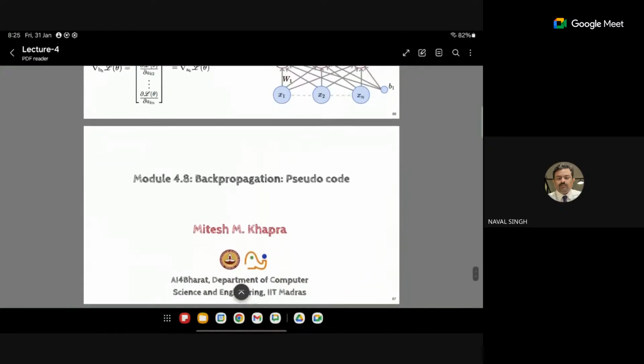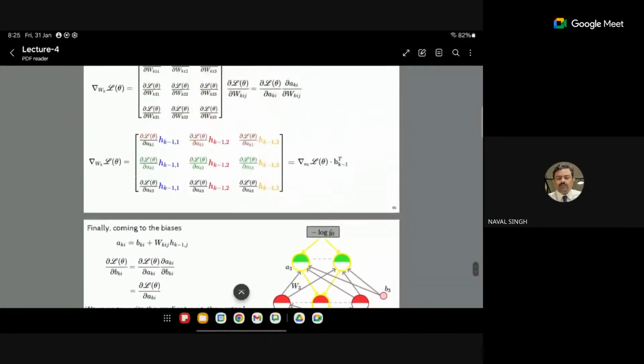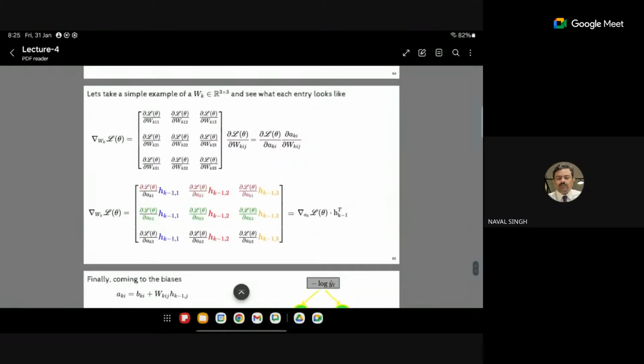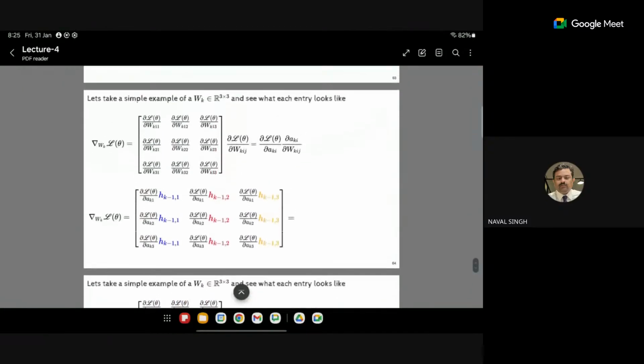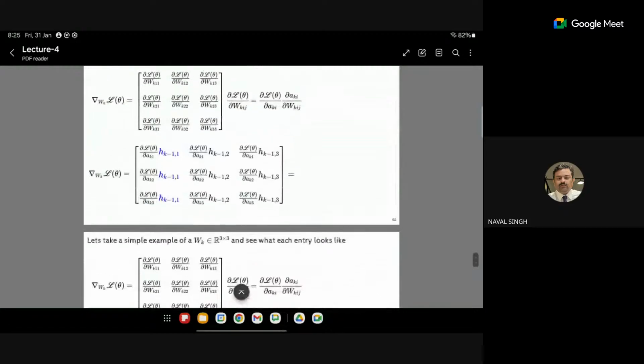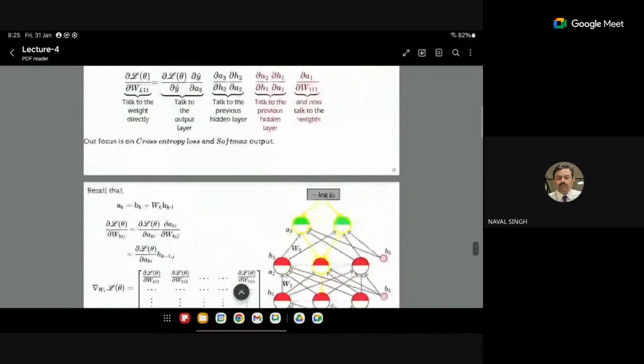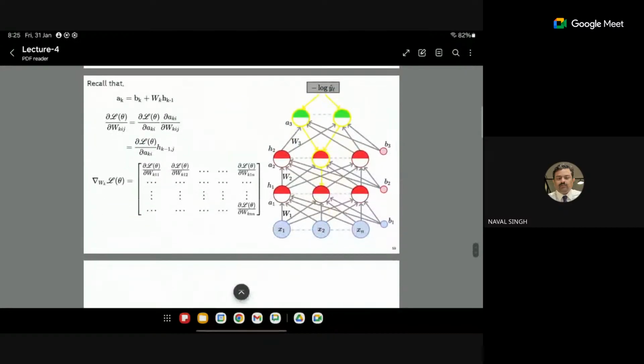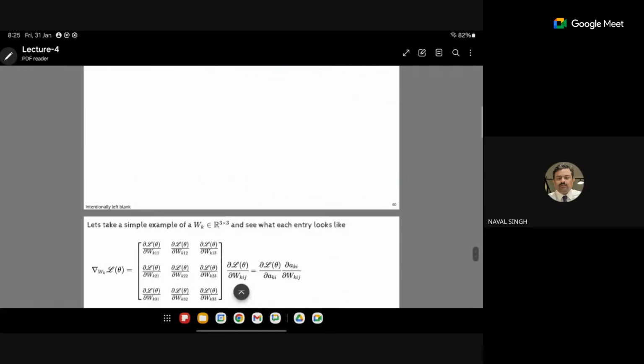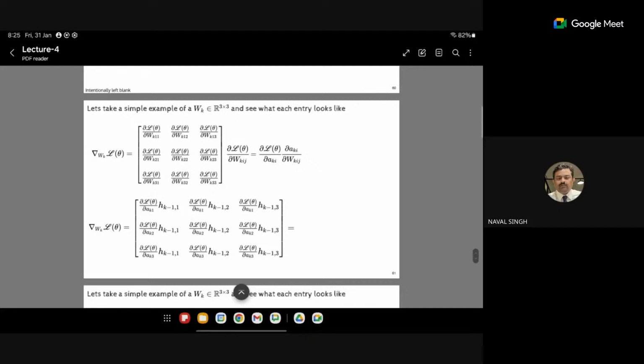I think it would have been at the back side, but just take it as, let's say, we are doing with respect to W3. Okay, wherever you see K, you can think of it as 3. Fine.